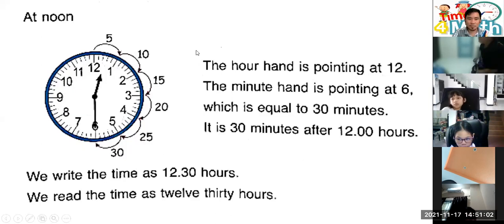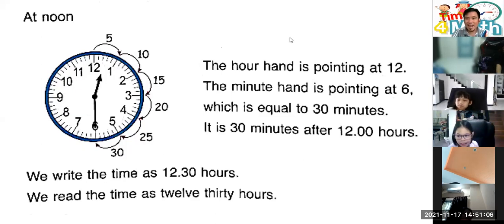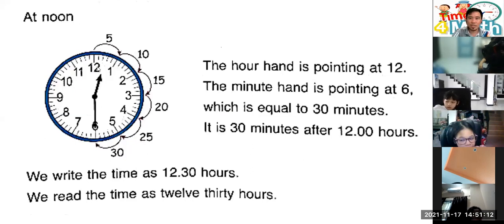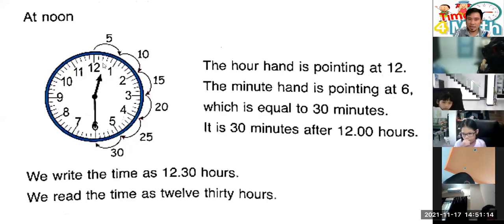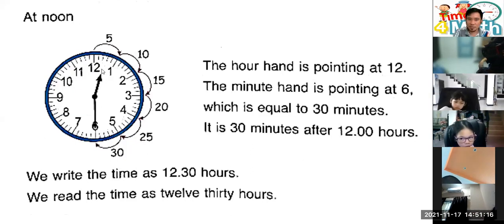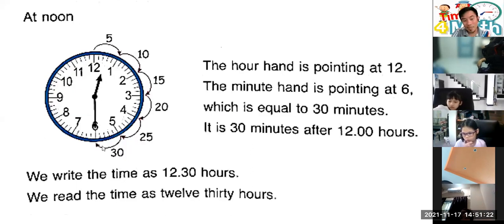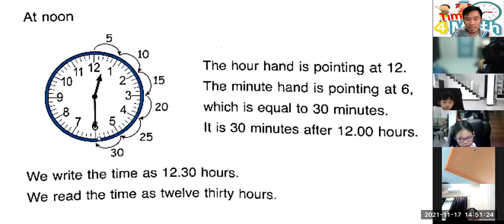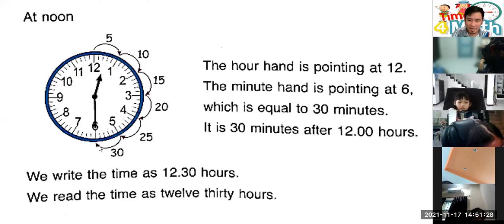How about this one? This one is at noon. Look at the hour hand. The hour hand is between number 12 and number 1. This one is pointing at 12. And the minute hand is pointing at 6, which is equal to 30.